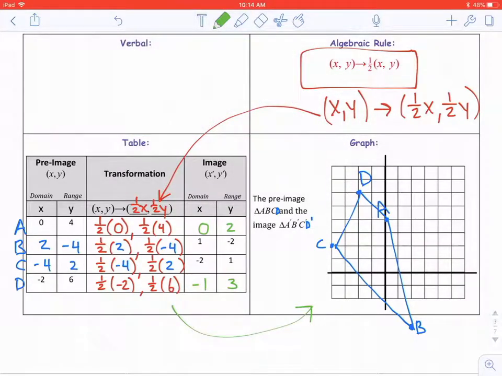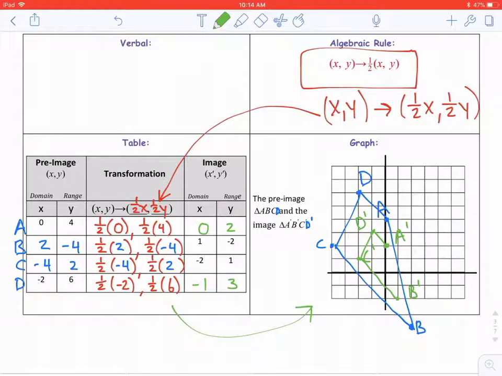Alright, so now let's graph the image. So we have 0, 2 is going to be A prime. B prime is at 1, -2. C prime is at -2, +1. And then D prime is -1, +3. Alright.